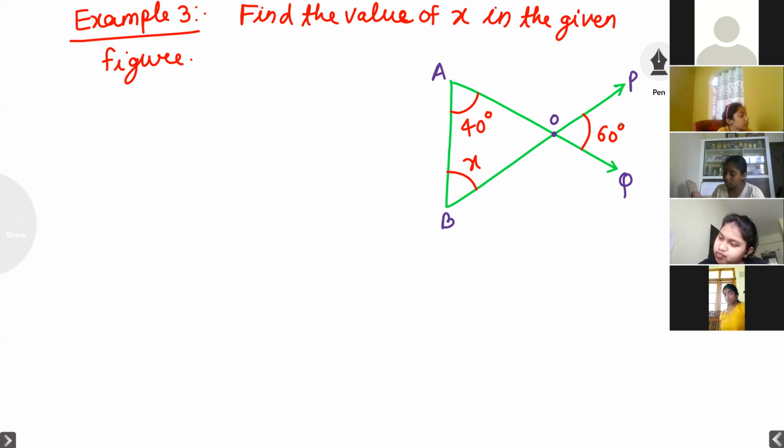Angle A is 40 degrees, angle B is x, and angle POQ, or angle QOP, is 60 degrees. We want to find out angle x.